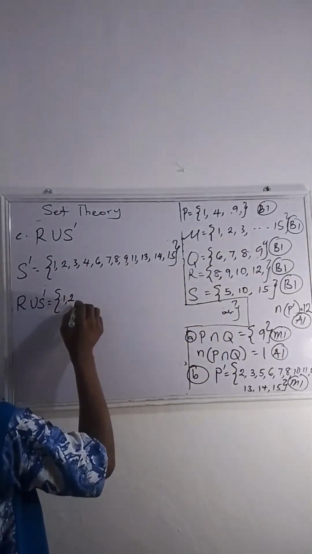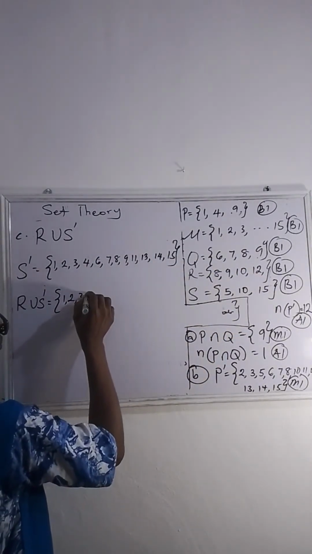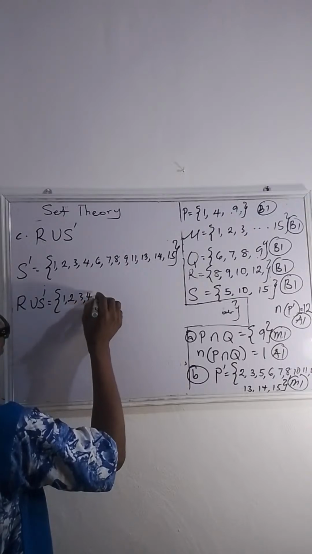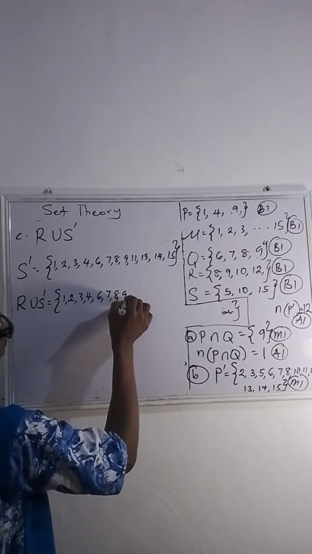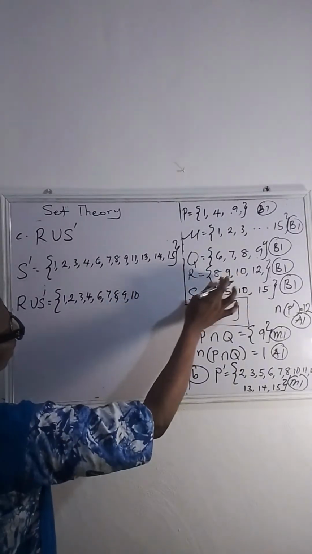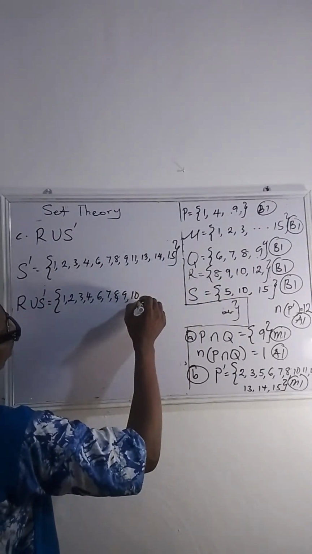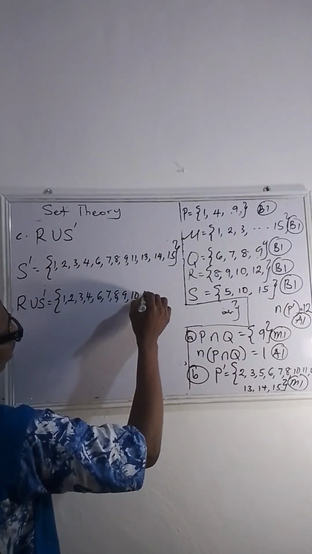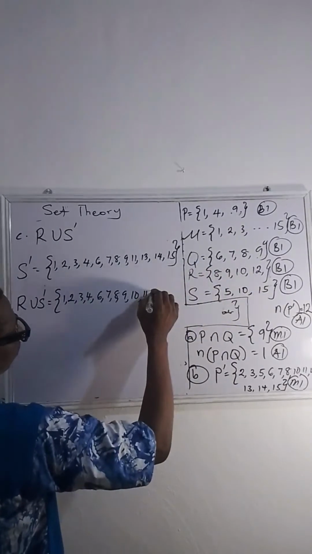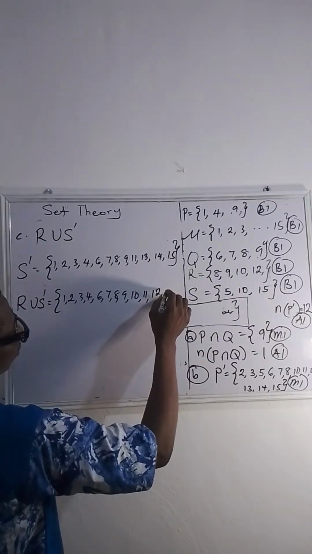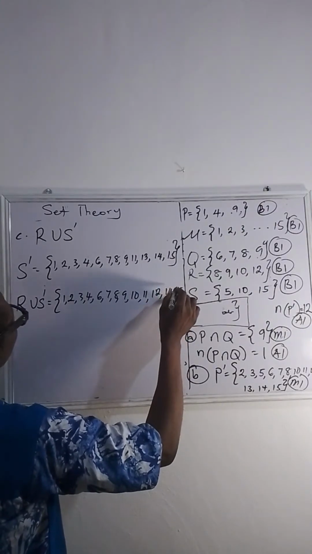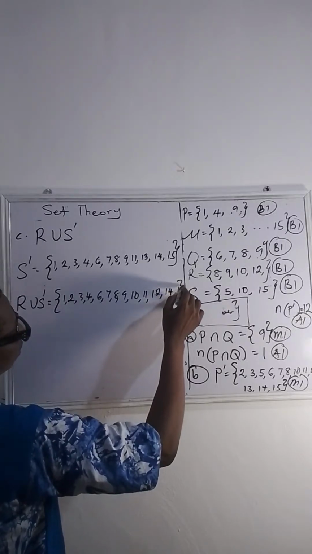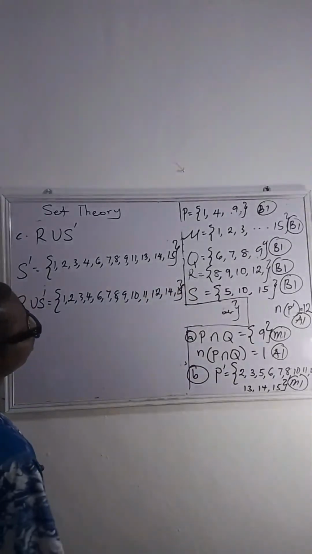So we have 1, 2, 3, 4, okay, 6, 7, 8, 9. We have 10, 9 here, we have 8, okay. And 11, we have 12 here, so you have to list 12, 13, 14, and 15. Okay, so that is what we have here.